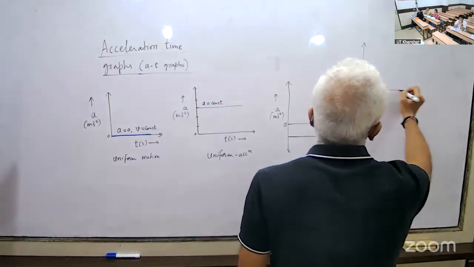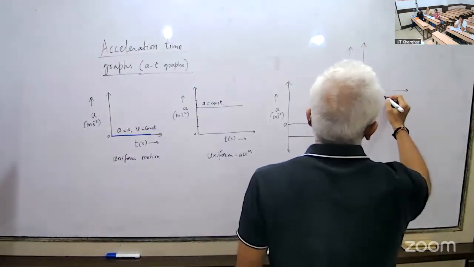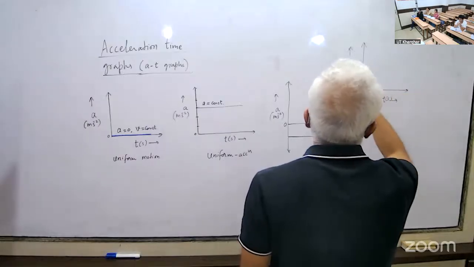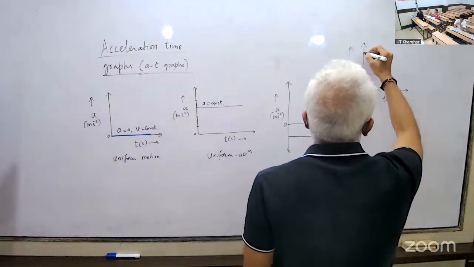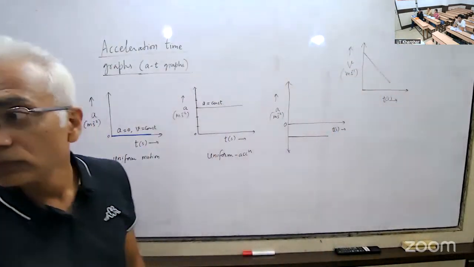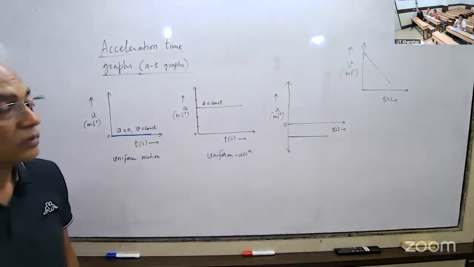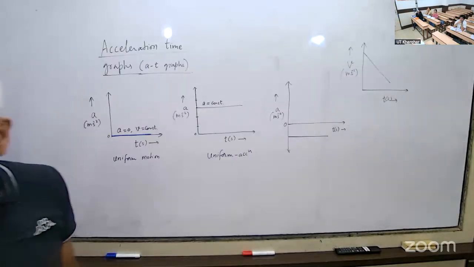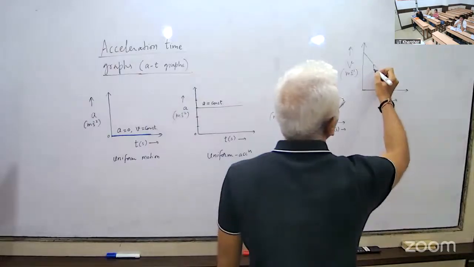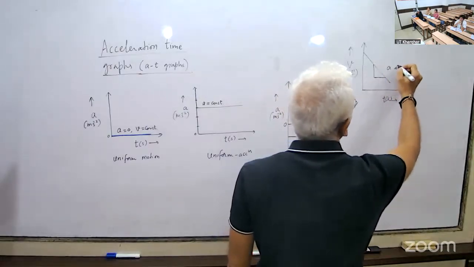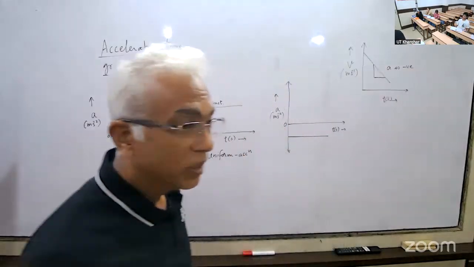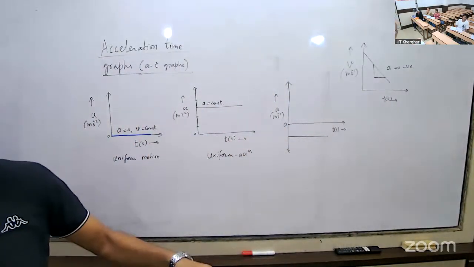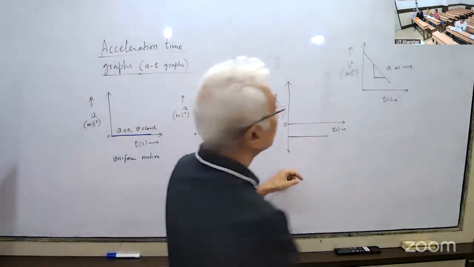If this was VT graph, what was this graph? Velocity reducing. So what does it mean? The slope is negative. Negative acceleration means the speed is decreasing. This is a case of retardation. A is negative. Brakes applied. A negative means the final velocity. What is the final velocity? Look here.